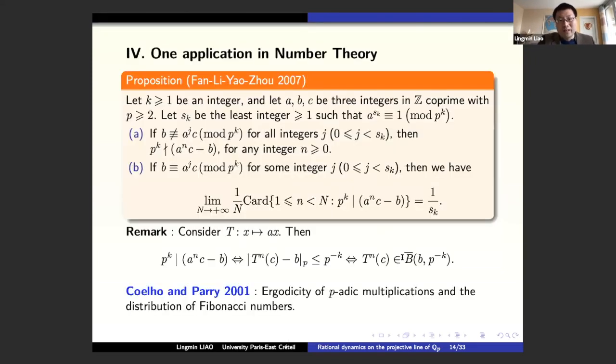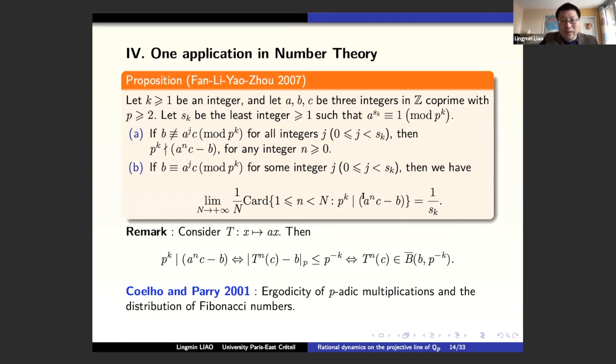Why do we study this? Maybe in number theory we can apply this theorem to calculate frequencies.